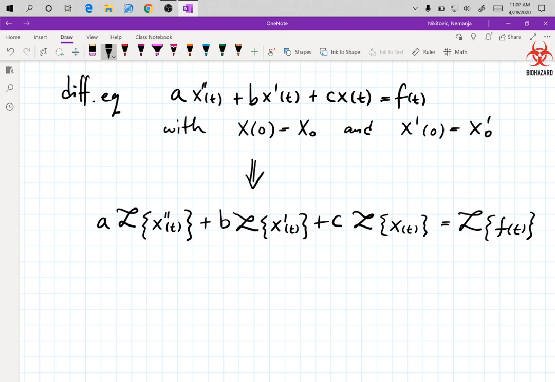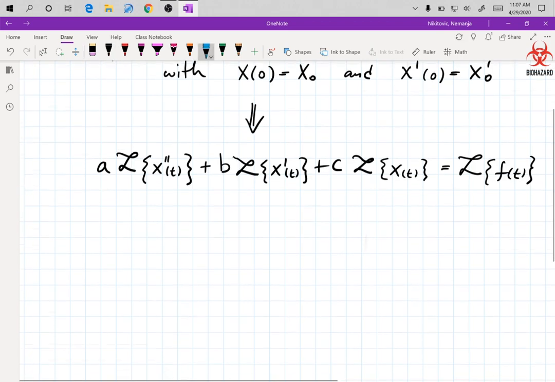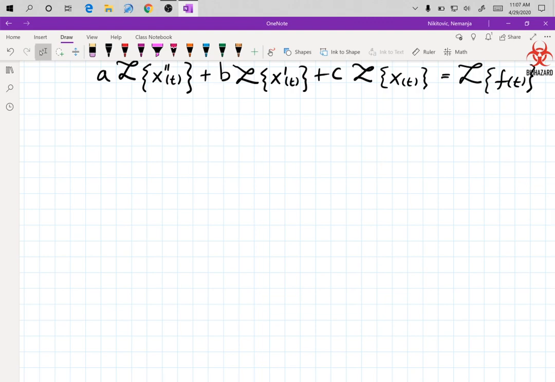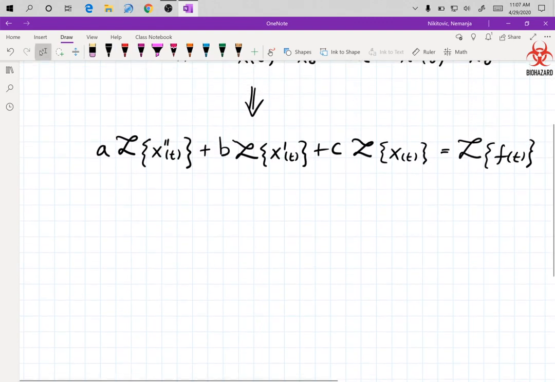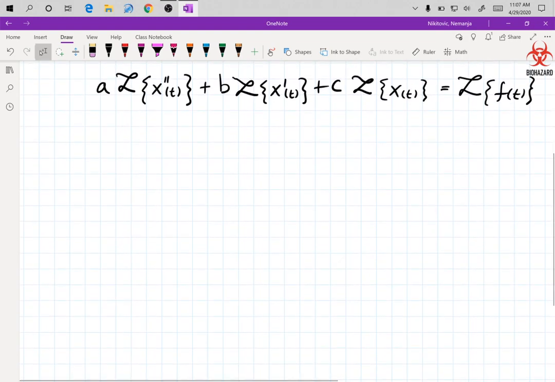So we have to write the theorem first, and this is the one that you will be using. We'll write two theorems. The first theorem is transforming the first derivative, and the second one is for any derivative.